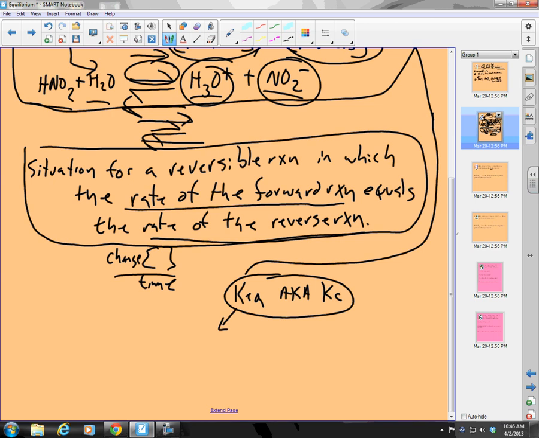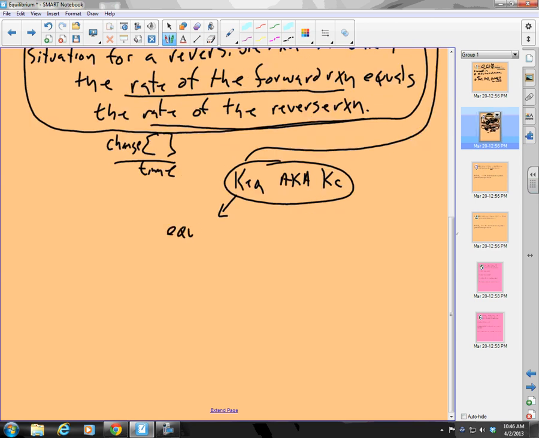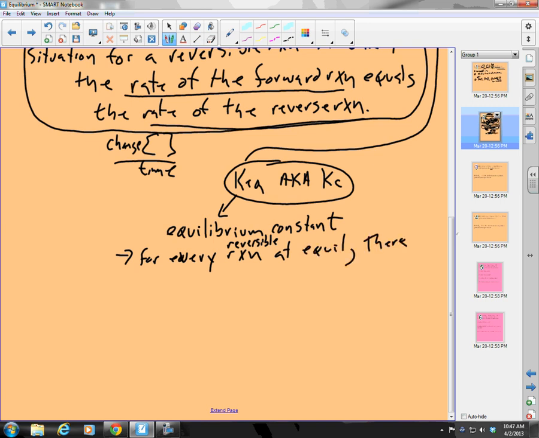These are things we call our equilibrium constant. And for every reversible reaction at equilibrium, there is an equilibrium constant.